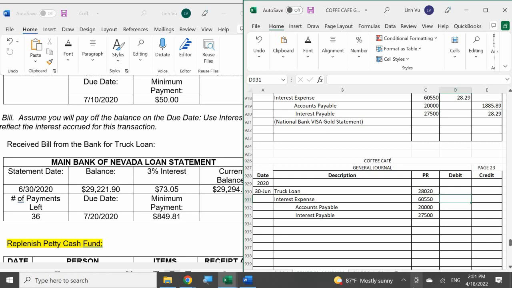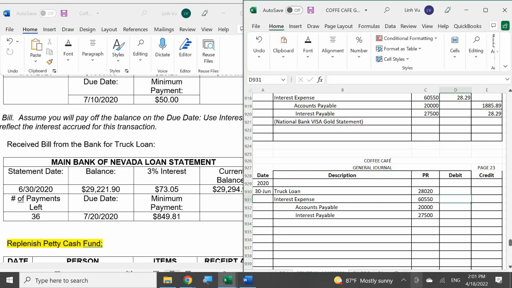$29,201.90 for the loan. Well, you're gonna pay the whole 29,000 right now? No. How much are you required to pay? $849.81.